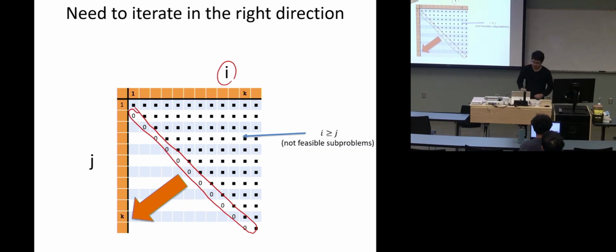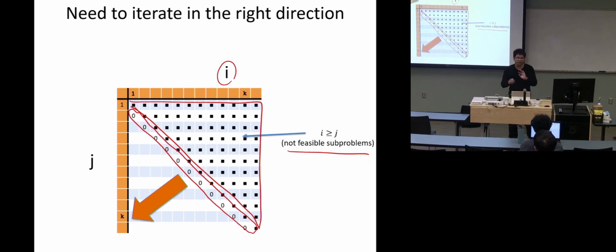Everything here is not even something that I need to look at, because when i is more than j, I never look at this case. This is the base case, and the way we want to fill up this table is going in this direction.